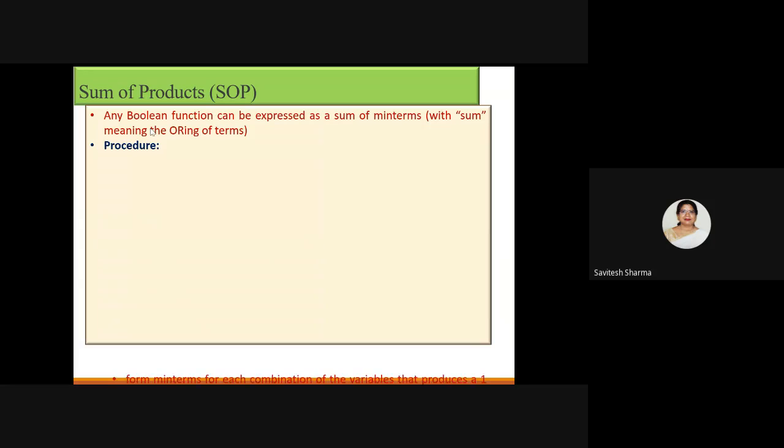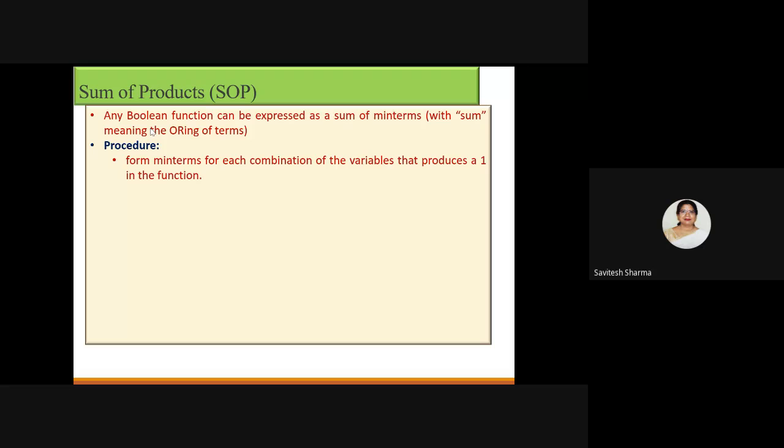So what is the procedure? We will form min terms for each combination of the variables that produces a 1 in the function. Okay. So what it is saying is that you will only write the terms that are producing 1 in the output.